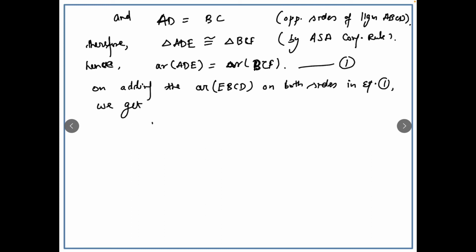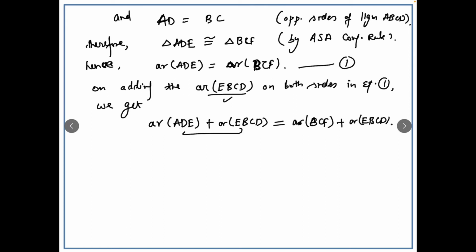In equation 1 we have the area of triangle ADE, and we add the area EBCD to this, and that will equal the area of triangle BCF plus, again adding this area, area EBCD.